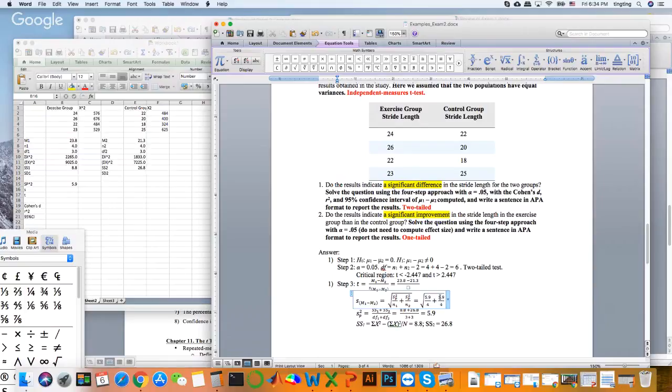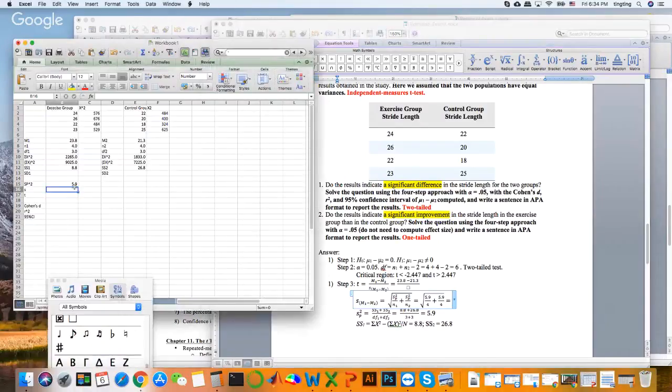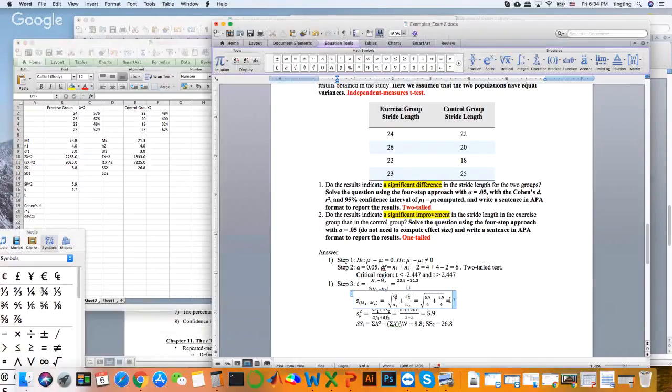It's time to use a calculator again to solve it. We know this one equals 1.7.